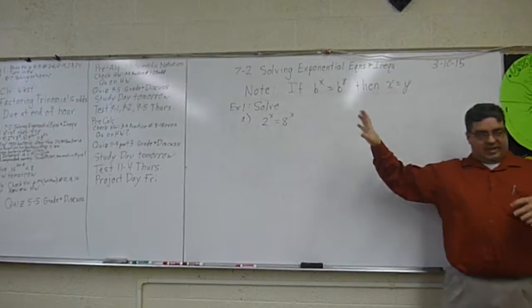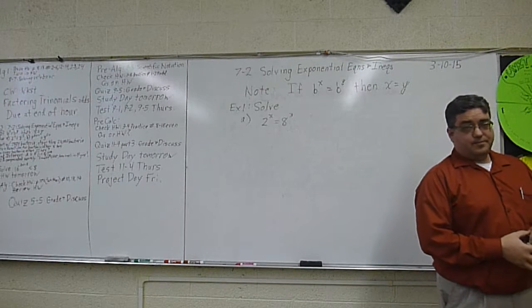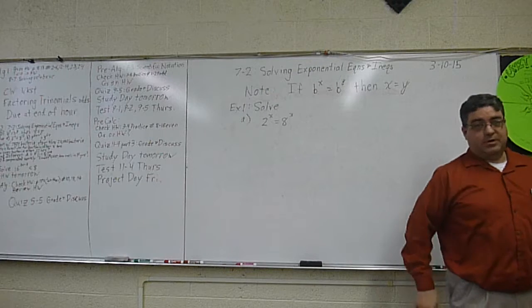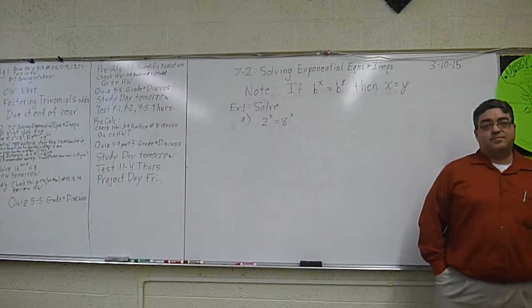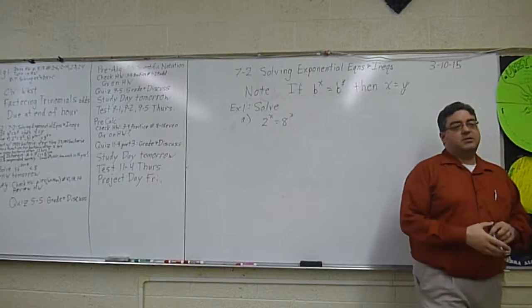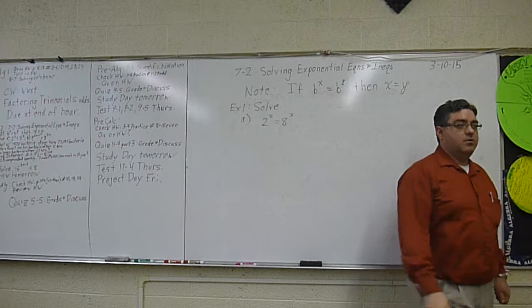What base can everything be in this case? How can I change one or both of these so I'm looking at the same base, the same number here?